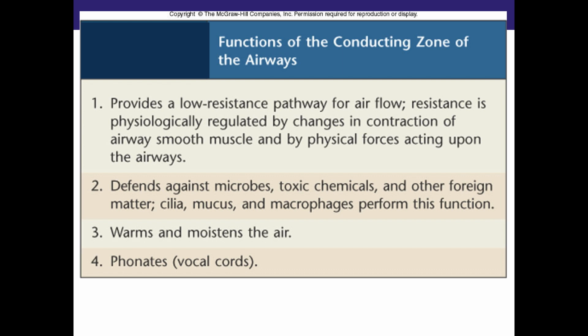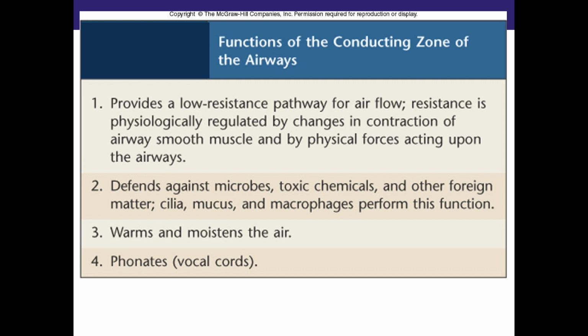And again, remember, these epithelial cells are the barrier between the outside world and the inside of your body. So what usually happens is that mucus and the cilia capture some of these foreign materials, and it beats back and forth, so it allows that mucus to travel up towards your upper respiratory tract so that you can cough out that mucus and get rid of those foreign materials. This is something called mucociliary clearance.